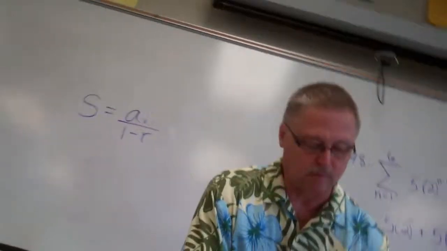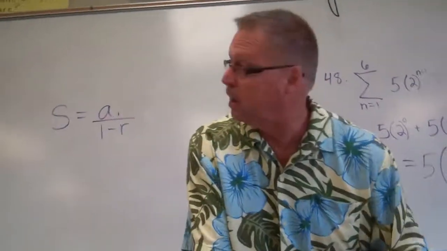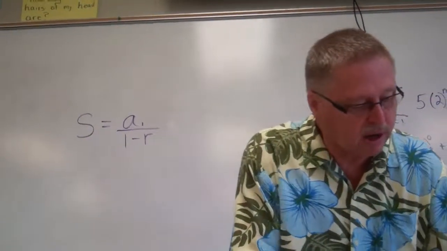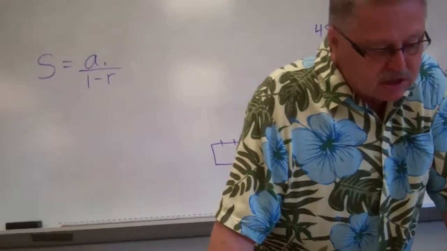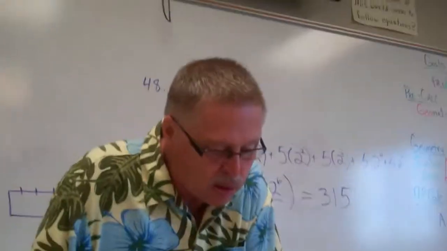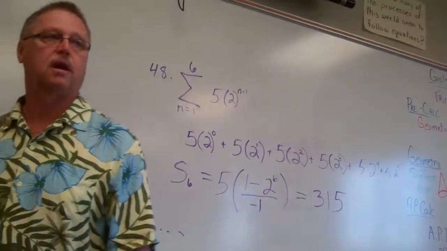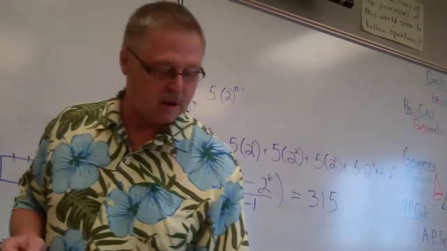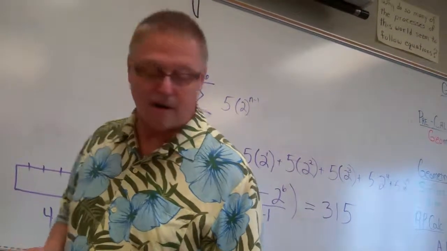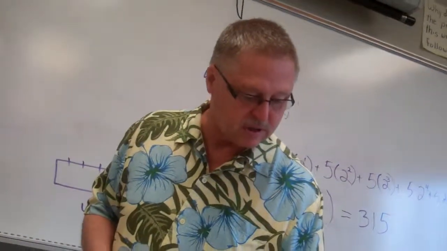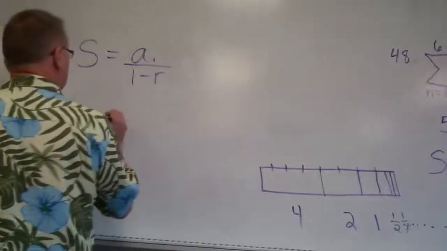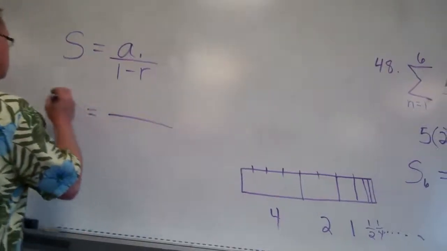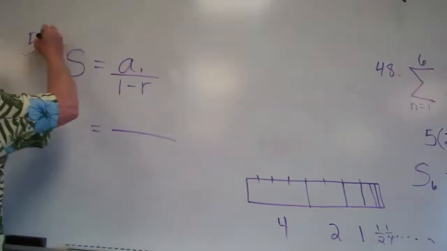We're going to try this formula that Caden gave us. We're going to try it quickly on number 56. Okay, I'm going to need Jaden on figuring out the A sub 1 and the R. Jaden, 56 there, are you looking at it? What is A sub 1? 1/20.